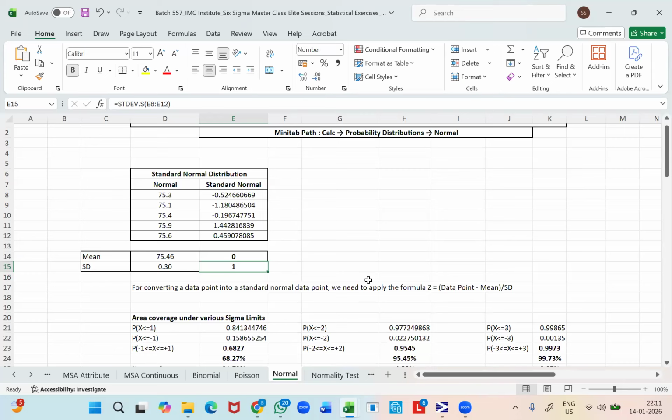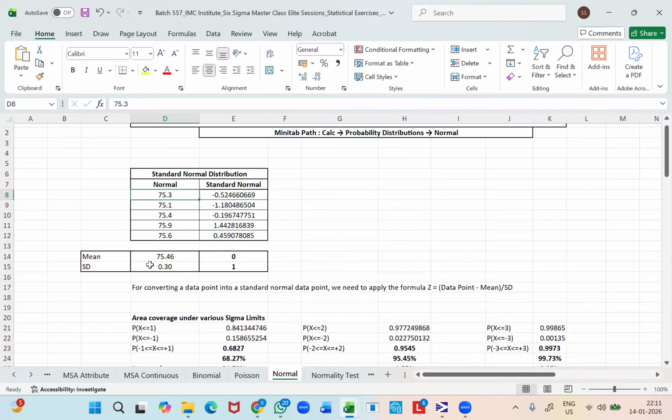So what people used to do was convert the normal data points into standard normal data points by using the standardization formula, data point minus mean divided by standard deviation. Then they obtained the probability value for a given standard normal data point, and treated that as the probability value for the equivalent normal data point. That's how people used to find out the probability values in those days.